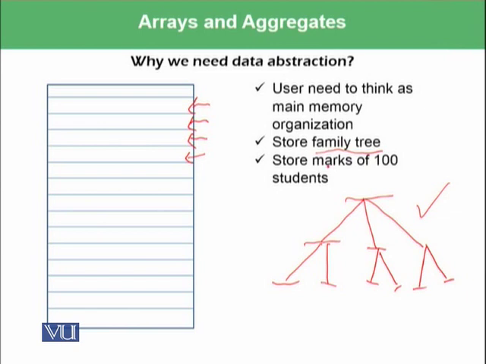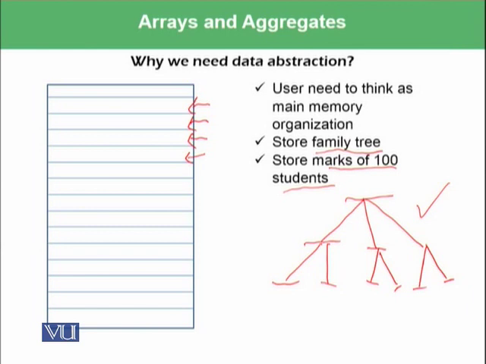Similarly, if we want to store the marks of 100 students, as we discussed, each memory address can store the marks of one student, and in this way we would need 100 identifiers or 100 variables with different names.